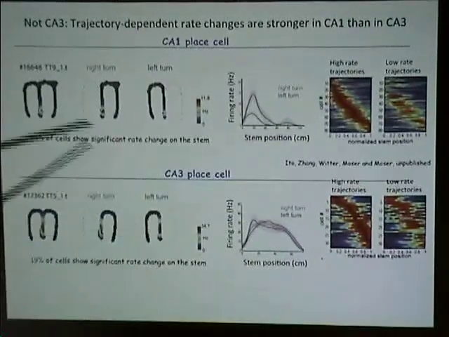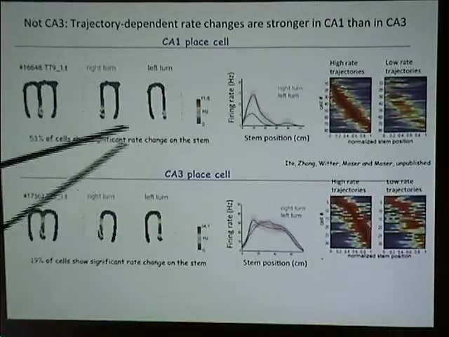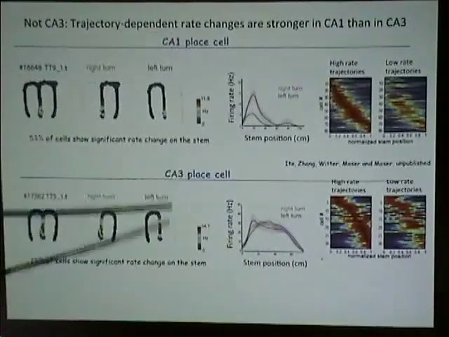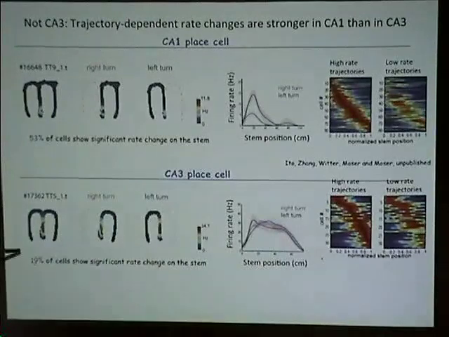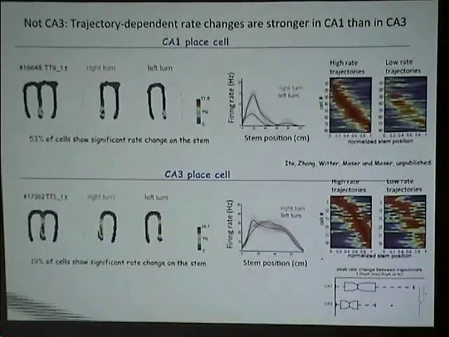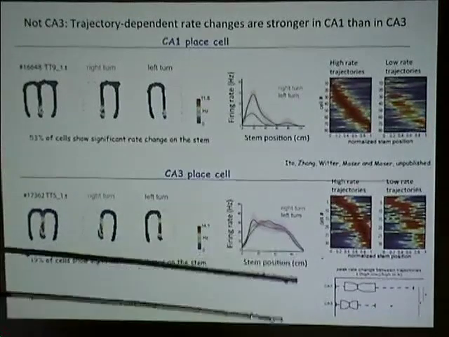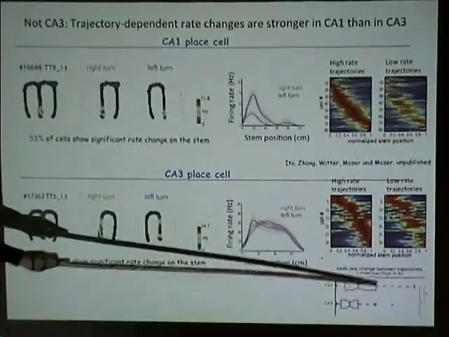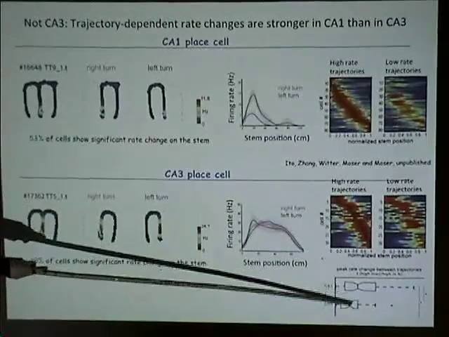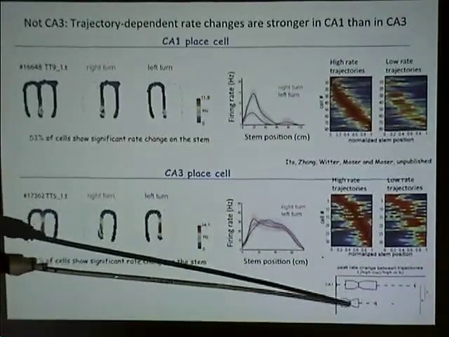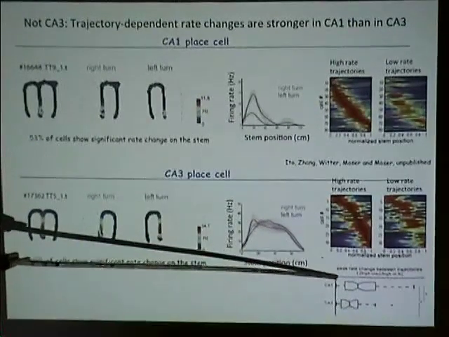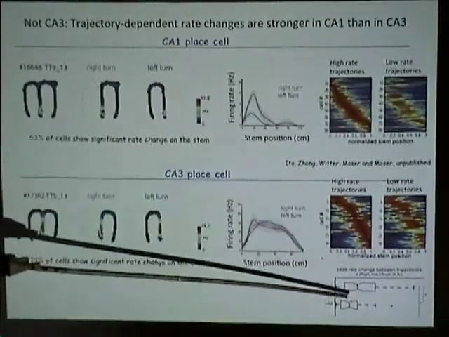While about 50% of the cells change the firing rate significantly on the stem in CA1, this is not the case in CA3, because only about 20% do that, and this is plotted here with a box plot. So in CA1, you have the full range of changes in peak firing rate, whereas in CA3, the cells generally don't change very much, and this is a scale up to 100%, and they usually change just about 10%.